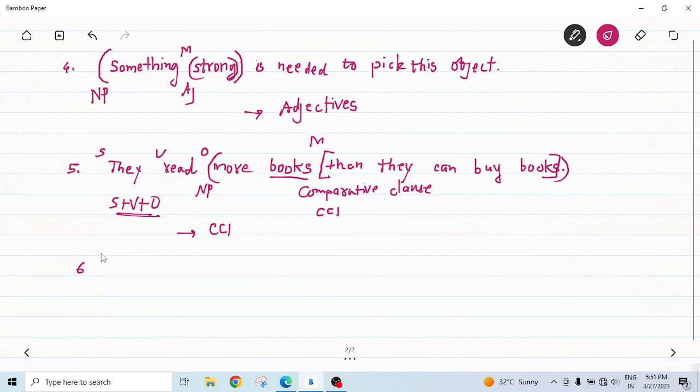Now let's talk about one more example. They had the idea of when corona would start.